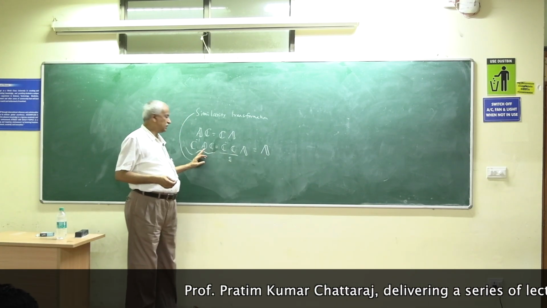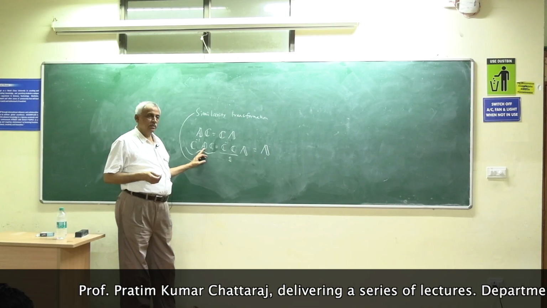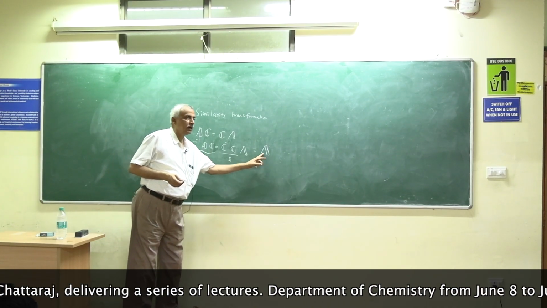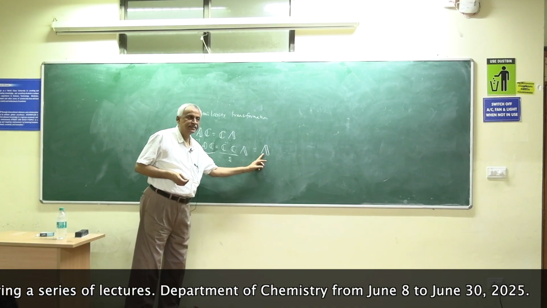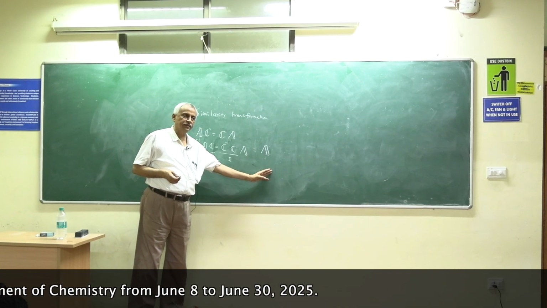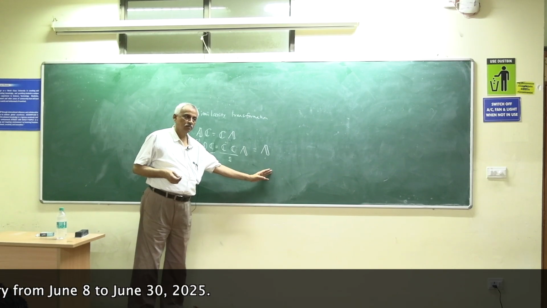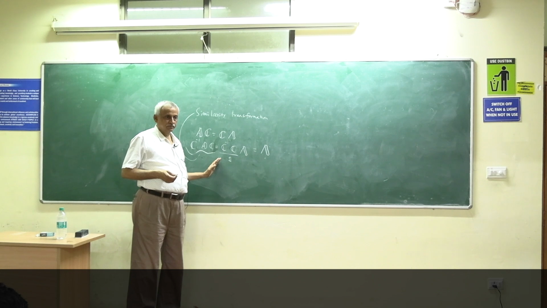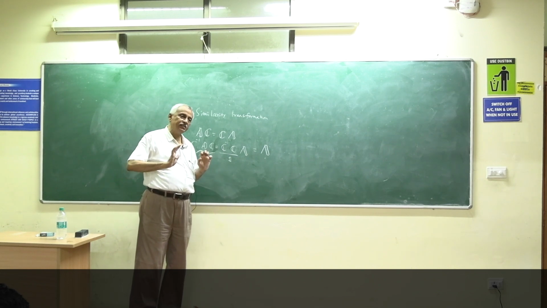This one is your original matrix. Suppose this is your Hamiltonian matrix, this is your eigenvalue matrix, the energy matrix. All along the diagonal you have the energy values. So this process is called diagonalization of a matrix.